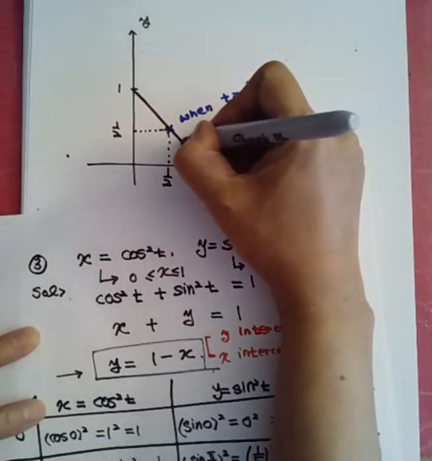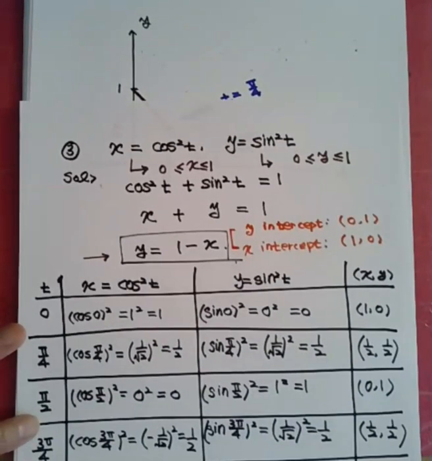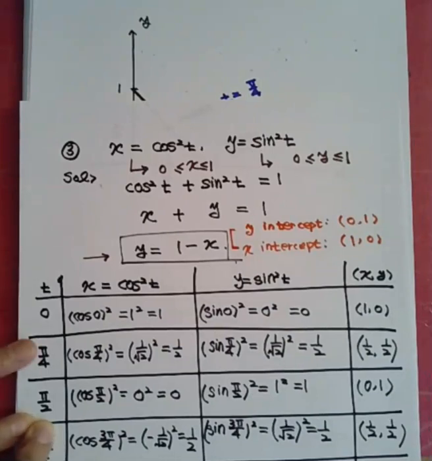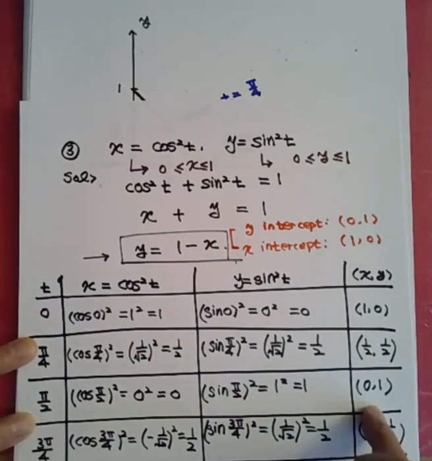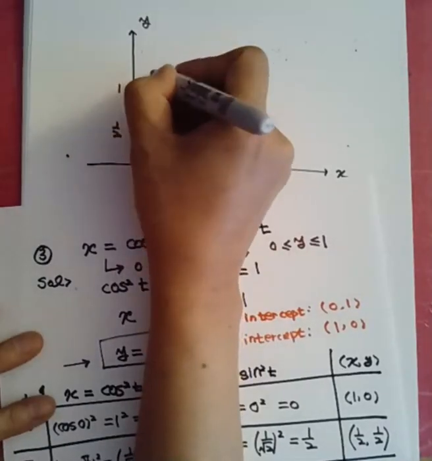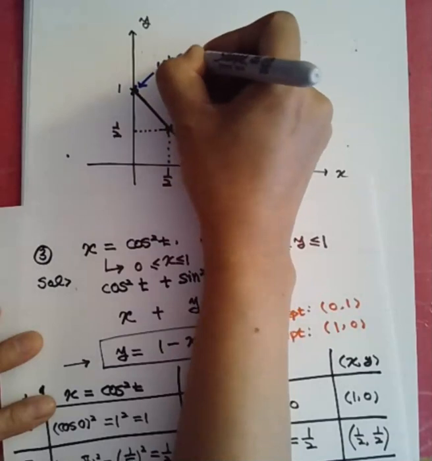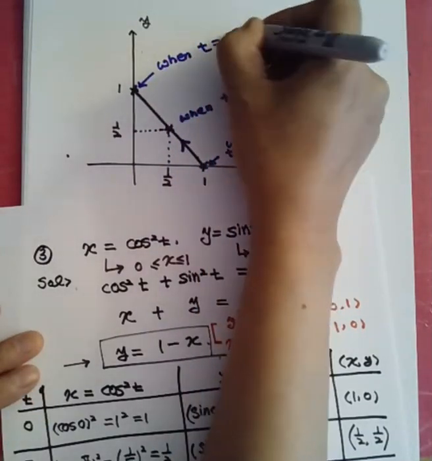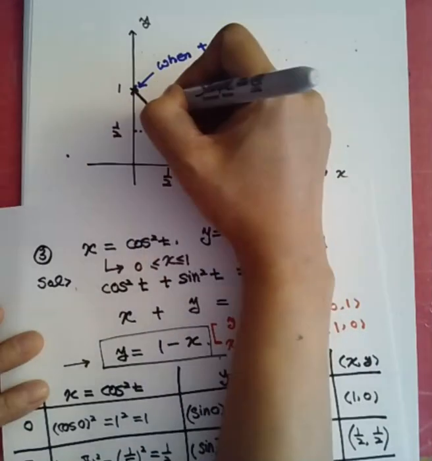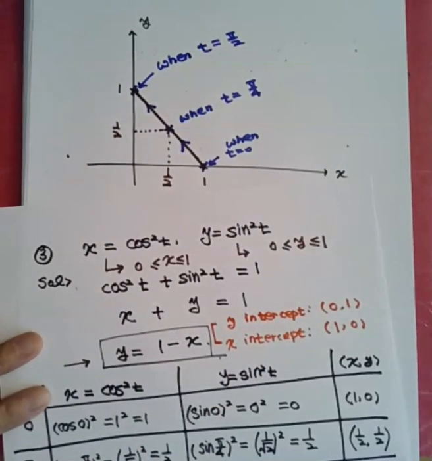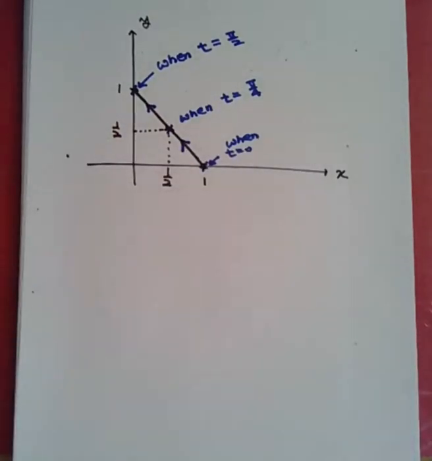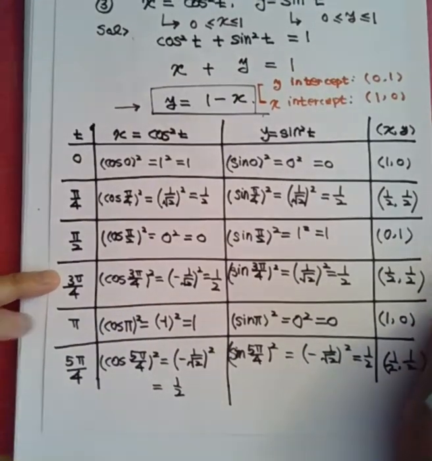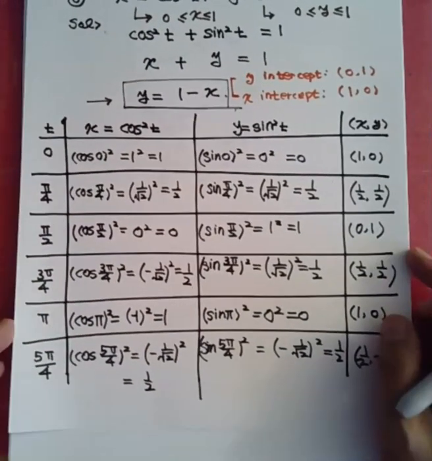So we move this direction, and then when t equals pi over 2, the point is 0 and 1. We keep moving toward that direction, but after that, if we evaluate 3 pi over 4, then we go back to 1/2 and 1/2.